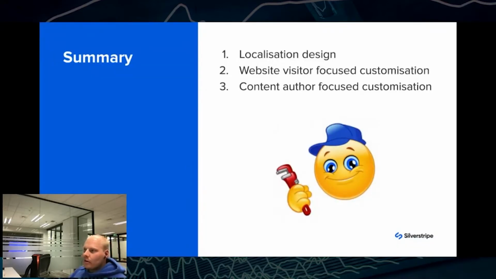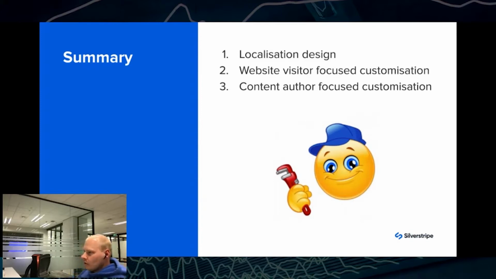So basically, step one, take your time and discover your localization needs for your particular project. Step two is configure Fluent to cater to the needs of the website visitor. That's probably the most important thing. But also step three is don't forget about your content authors.